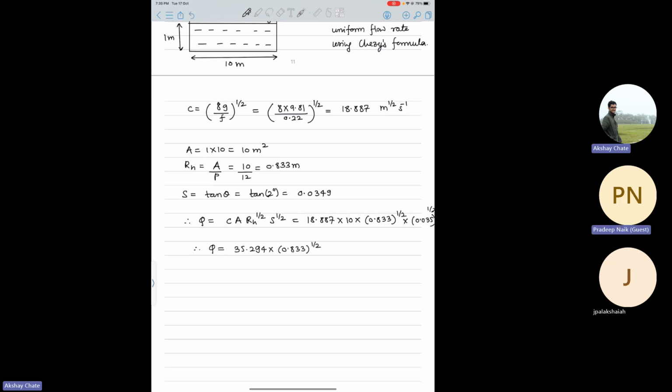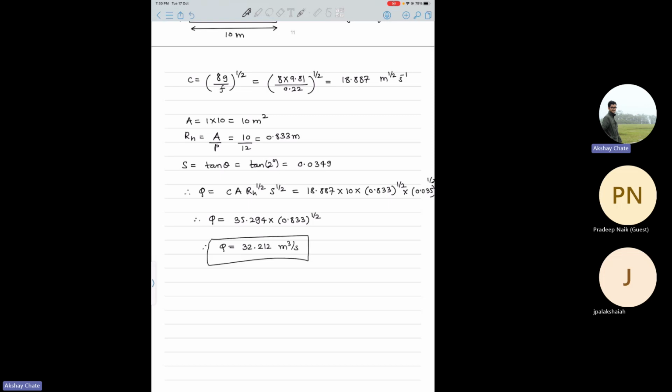So you will have your final answer as 32.212 meter cube per second.